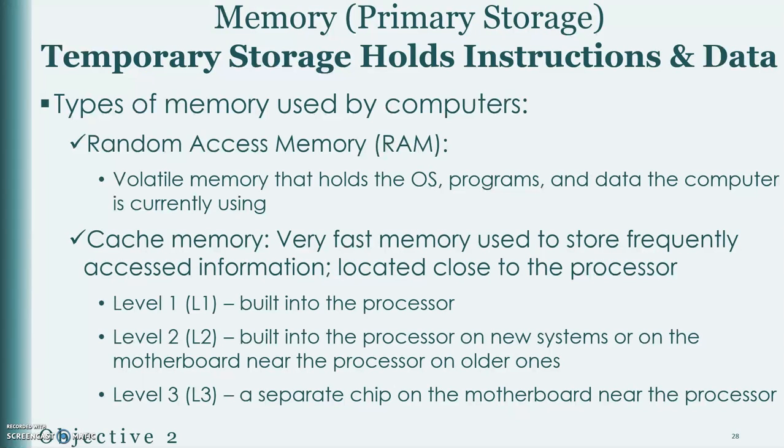That's why we call it temporary storage, because RAM holds things that you may be currently working on, and then once you're done with that, you shut down your computer, you power it off, everything is gone from the RAM. Nothing stays in there. That's what we mean when we say volatile. The RAM can hold the operating system, that's OS again, programs, and data that's in use.